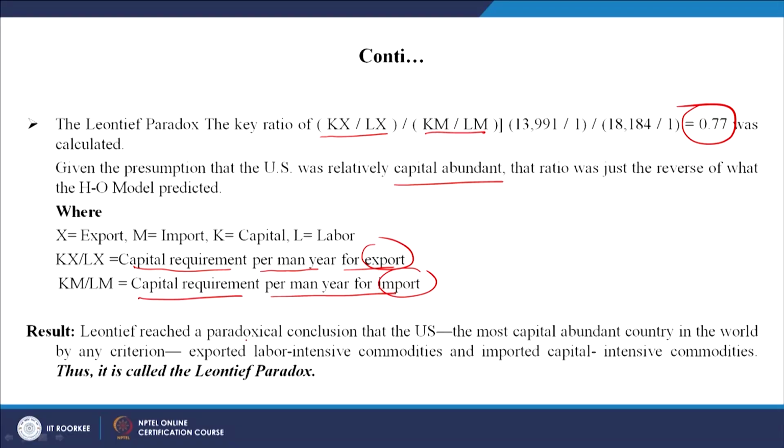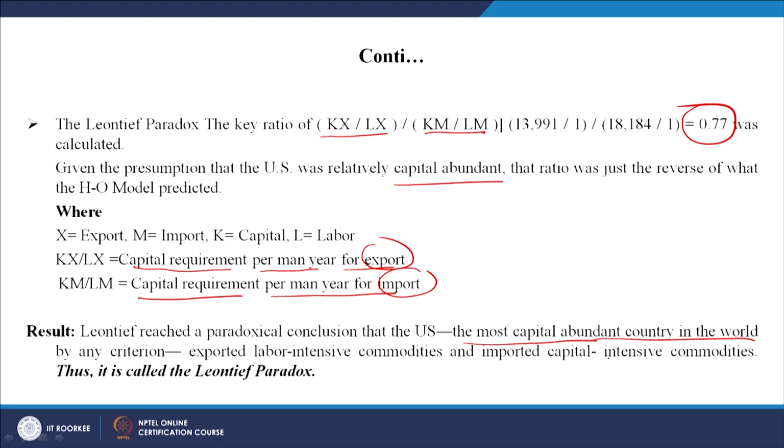But Leontief reached a paradoxical conclusion that the US, the most capital abundant country in the world, exported labor intensive commodities and imported capital intensive commodities. So, it was contrary to exactly what the HO model was talking about.